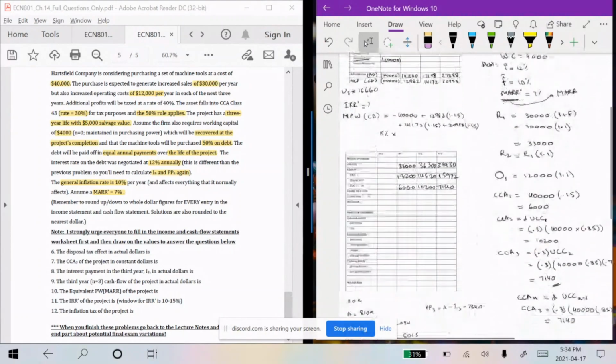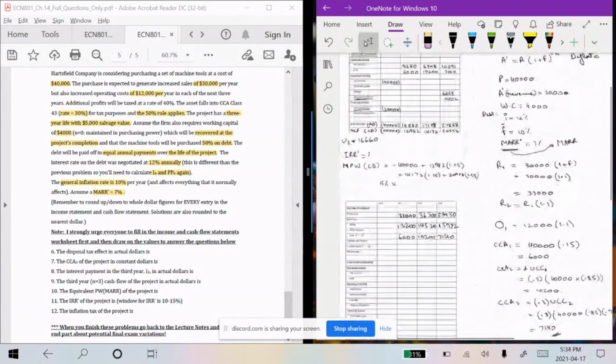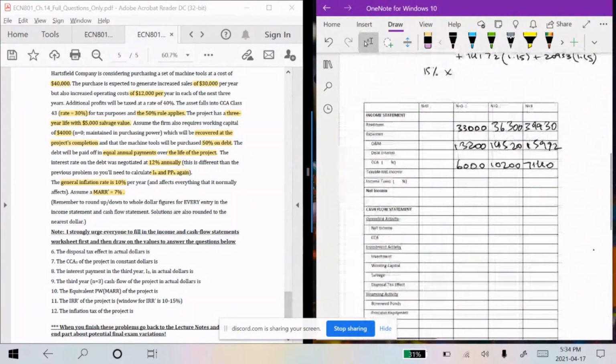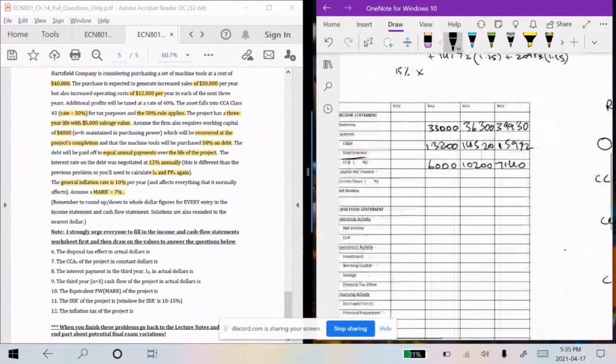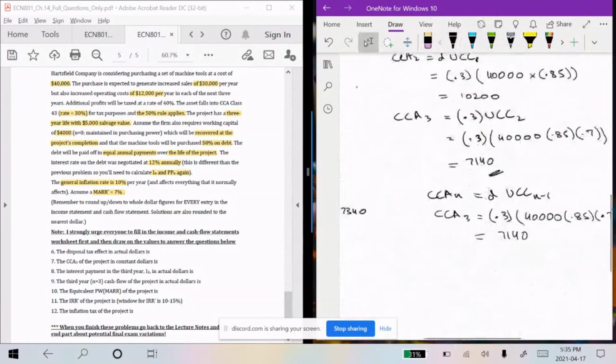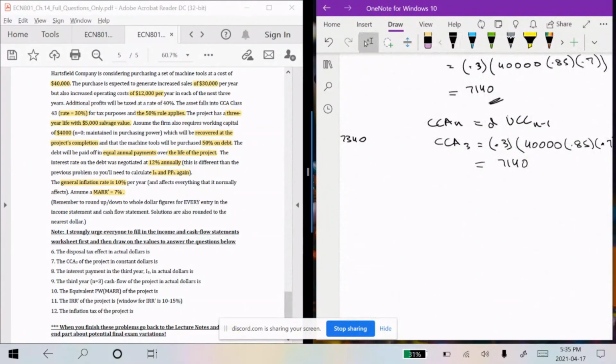So now let's calculate the debt interest, because that's the next thing here. What we need for the debt interest is the interest being paid in each period, basically. So we're taking a loan of 20,000.